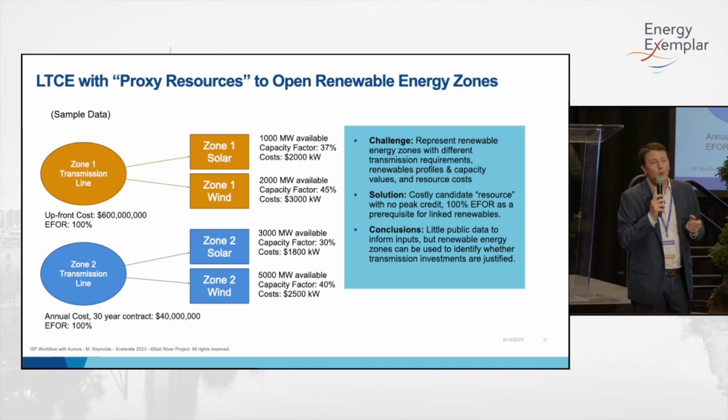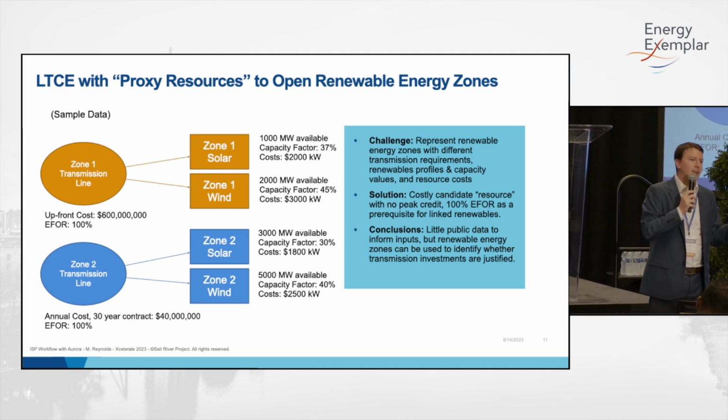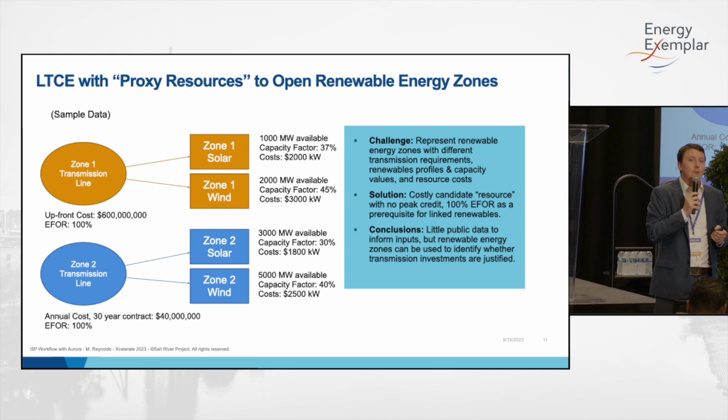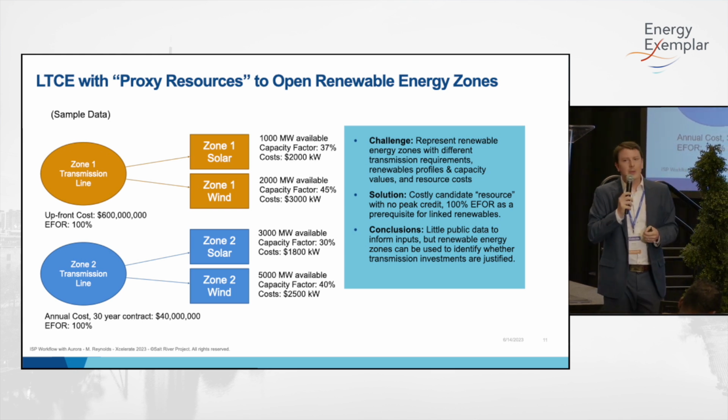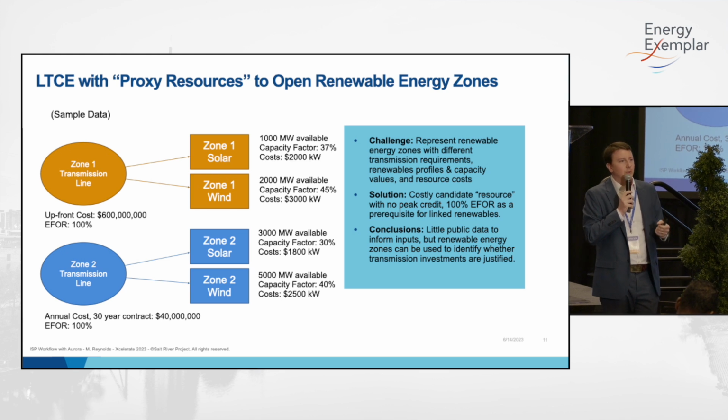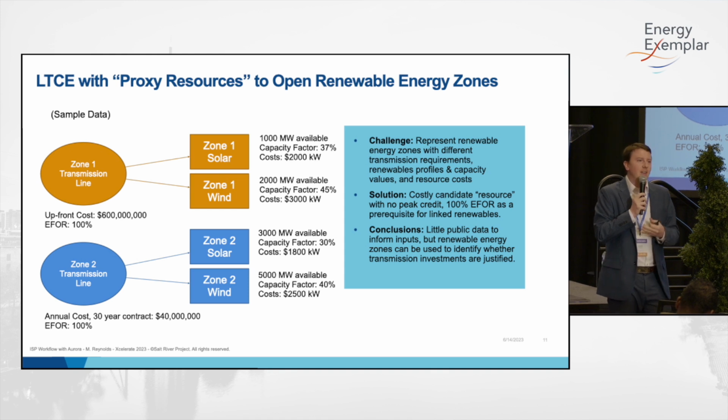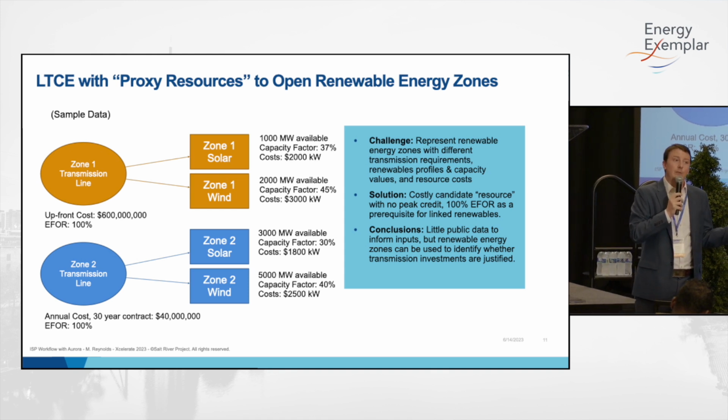Aurora doesn't allow you to choose transmission or gas pipeline necessarily, but what you can do is create a resource that's a proxy for those things. You can give it no peak credit, but it is a threshold that you have to break through before the other opportunities are available. So you have the proxy resource. If Aurora selects that, then there are other resources that had that as a prerequisite.